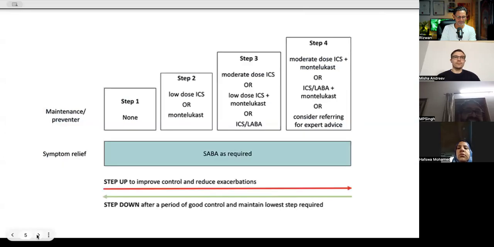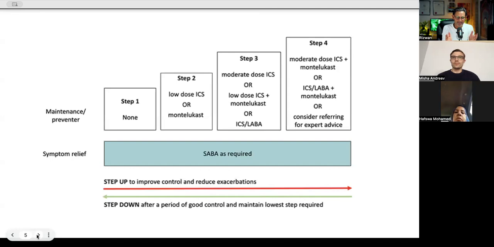So again, this is a very, very crucial slide, which basically gives you a stepwise plan in terms of maintenance therapy with the preventer and symptomatic relief with a short-acting beta agonist, which is salbutamol.